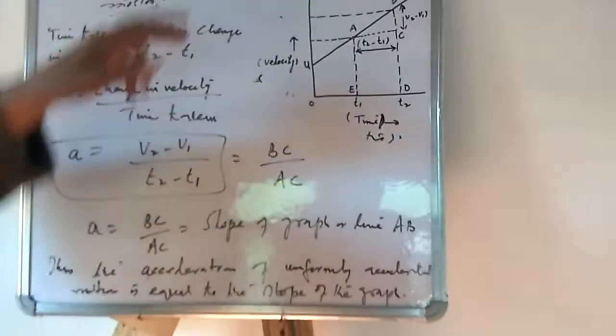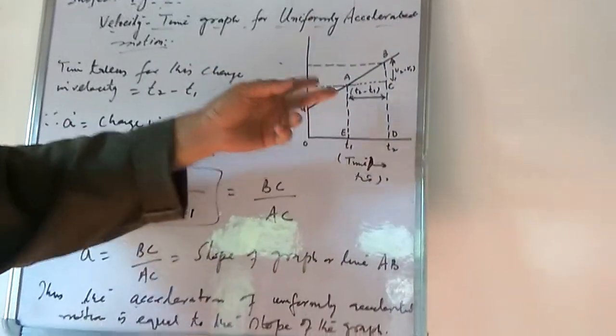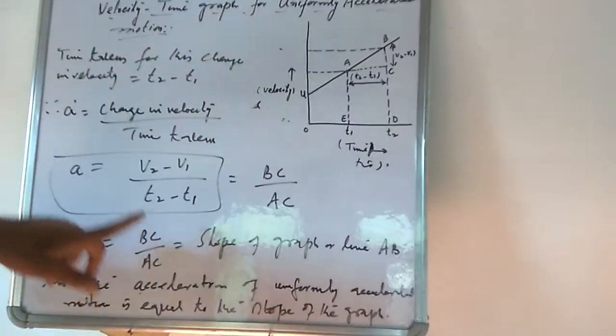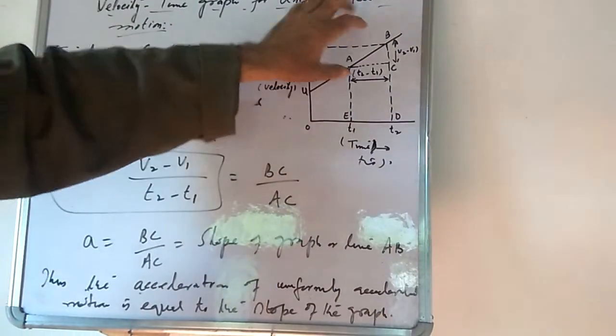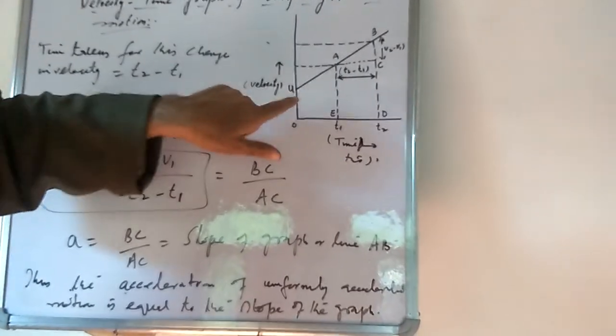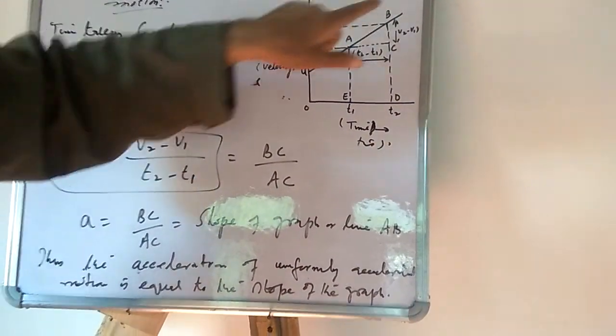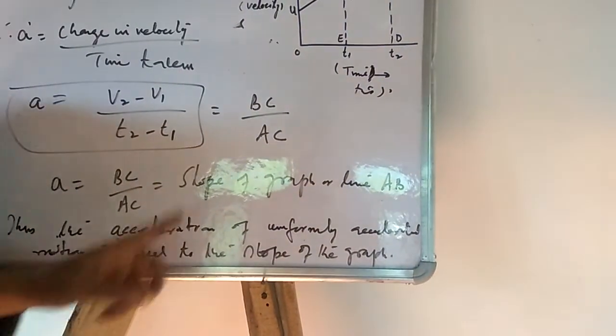This is the velocity time graph for uniformly accelerated motion. We have derived the equation, and from this graph we confirm that the acceleration is equal to the change in velocity divided by time, that is BC divided by AC, and from the graph BC divided by AC is the slope of the velocity time graph, or we can say it is the slope of the line AB. Thus, the acceleration of a uniformly accelerated motion is equal to the slope of the velocity time graph. Thank you.